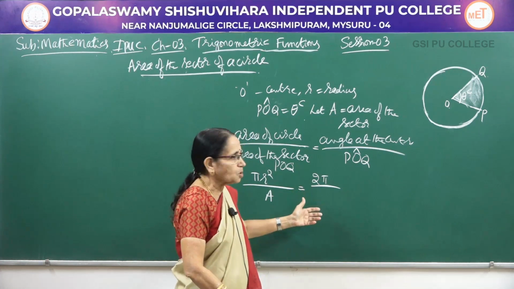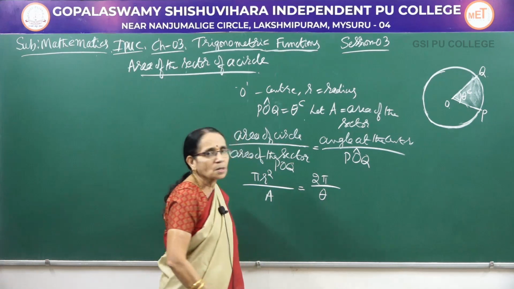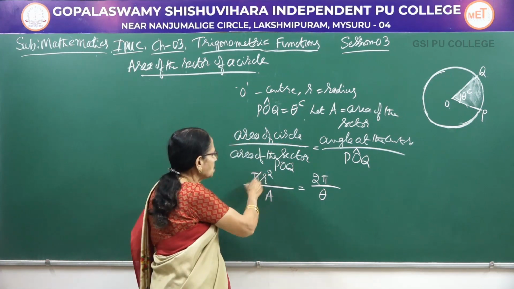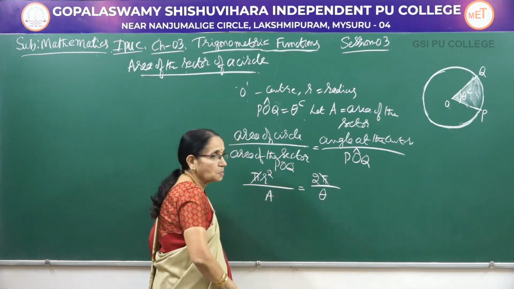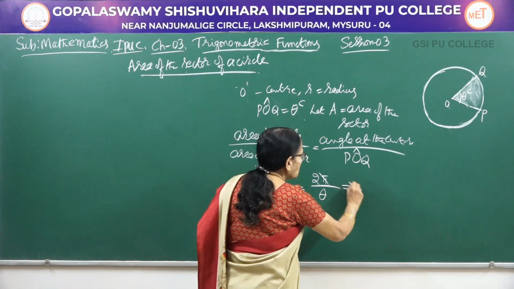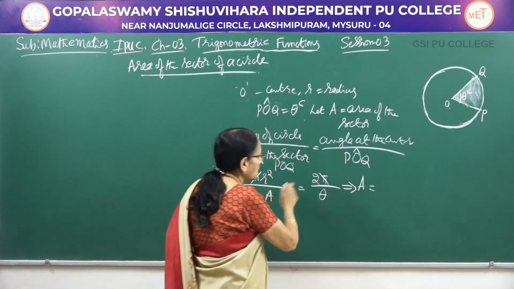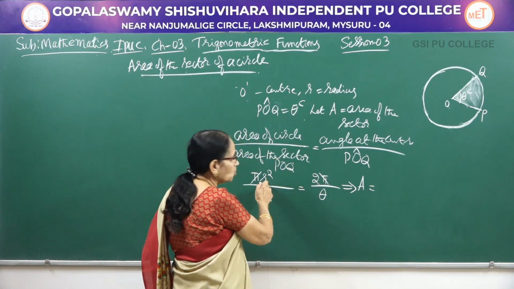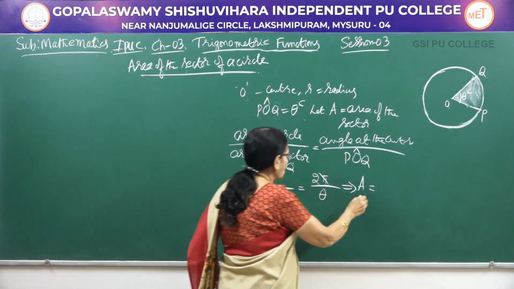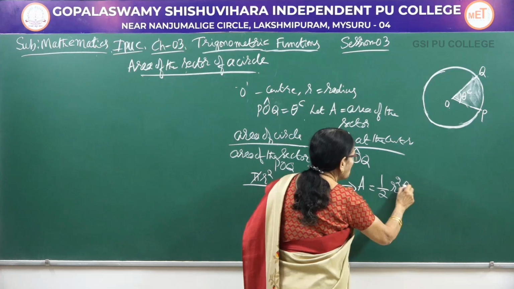This conversion I have taught you already, and angle POQ is equal to theta. Now, you can see that pi can be cancelled here. On cross multiplication, because we are interested in finding the area here, A would be, take A here and theta goes to this side and 2 comes here. So it becomes half of r square into theta.